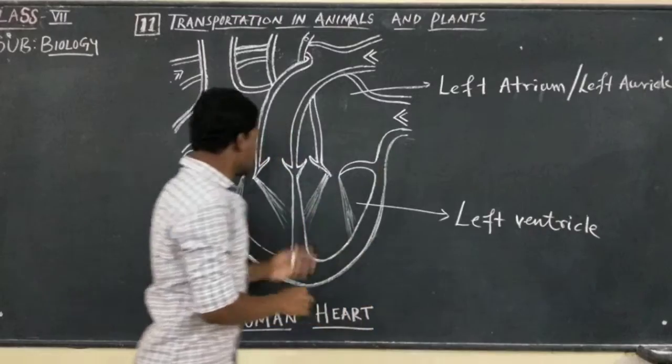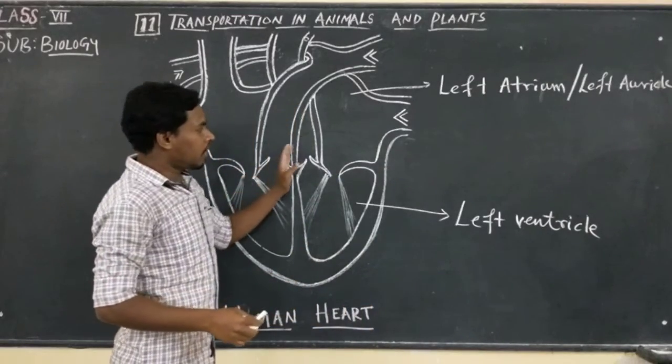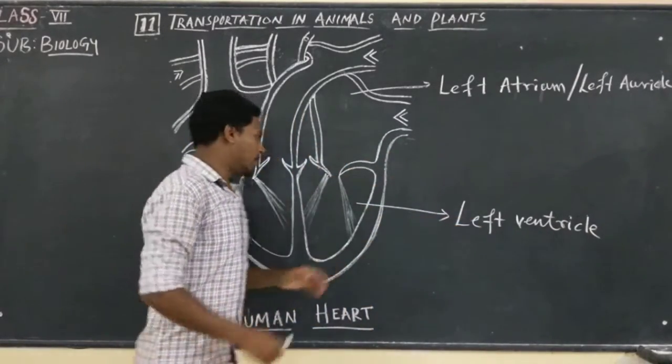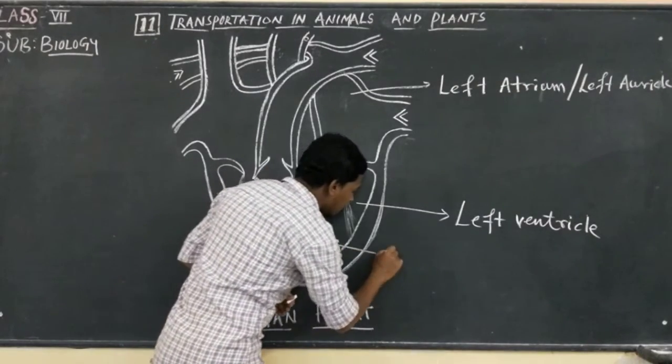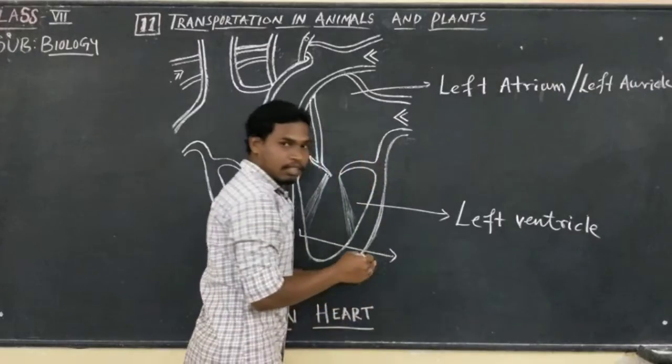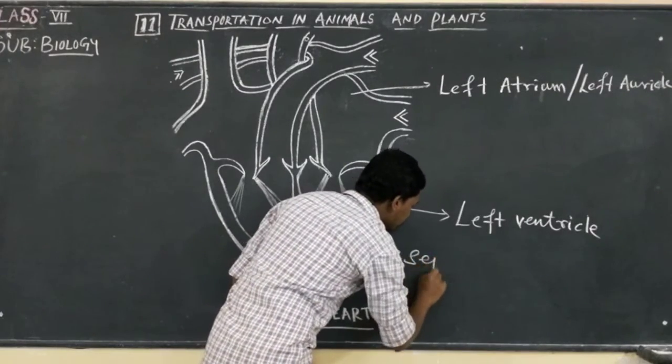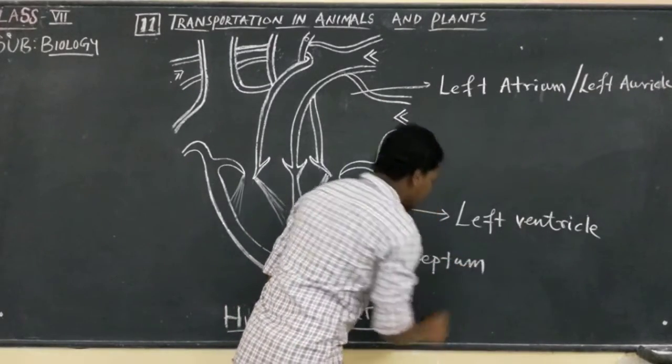This is the partition which divides the left and right part of the heart. This partition is known as the septum.